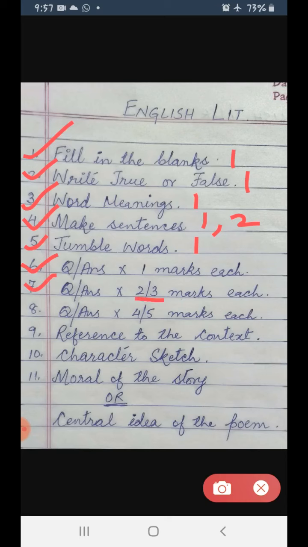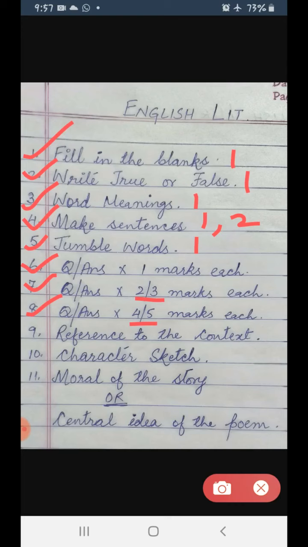This question answer will be a bit lengthy. It may consist of 4 to 5 lines, and it will be of 2 marks or 3 marks each. And then the next is question answer which will be a detailed one. That means you have to answer the questions in detail. Those detailed question answers carry 4 or 5 marks each.